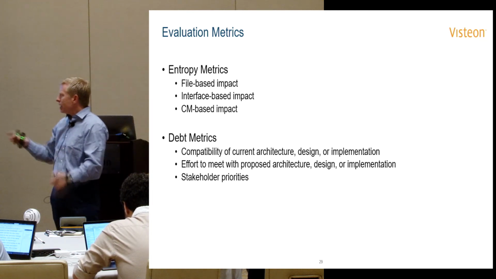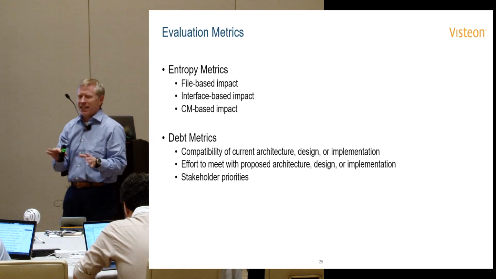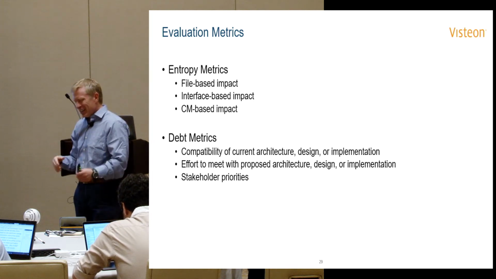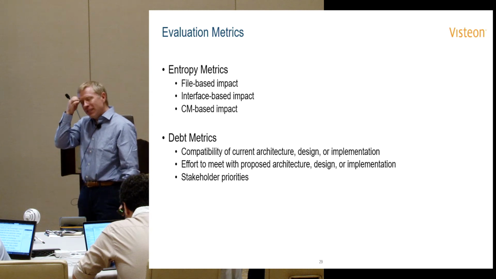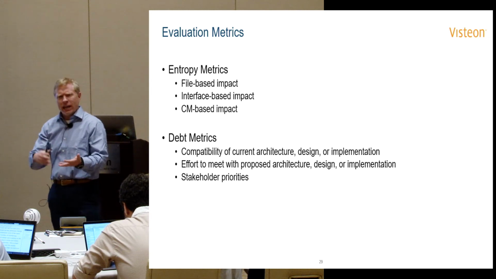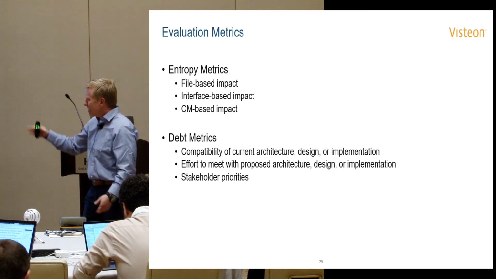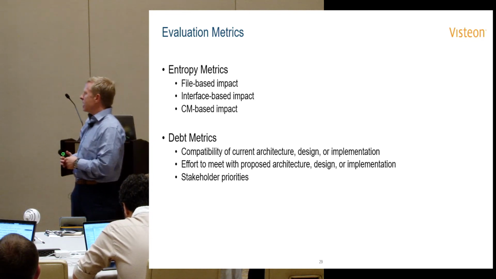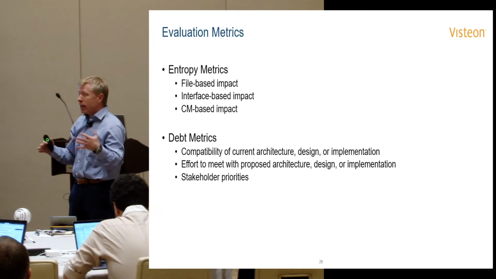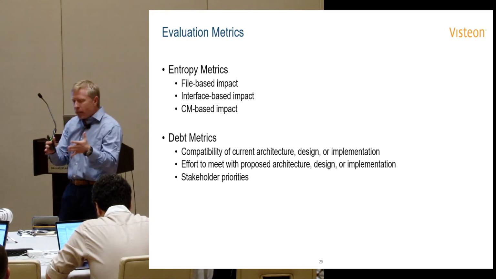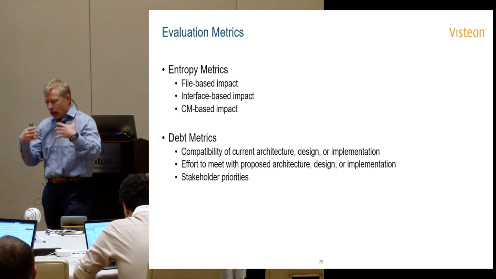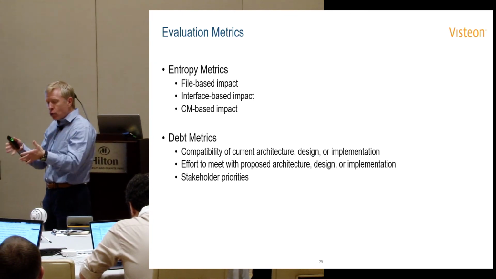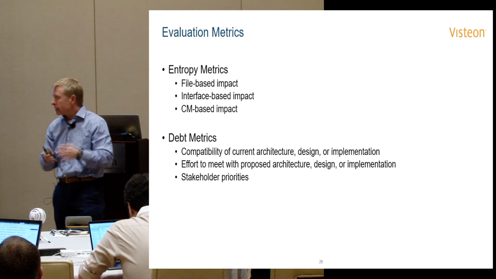When it came to debt, and here I specifically say debt and not technical debt, I like to use generically the term debt because there's organizational debt and process debt. And okay, it's going to be technical debt here, but I try to steer away from just saying technical debt. But the metrics I chose here were compatibility of the stakeholder requirements to what we could achieve right now with the architecture.